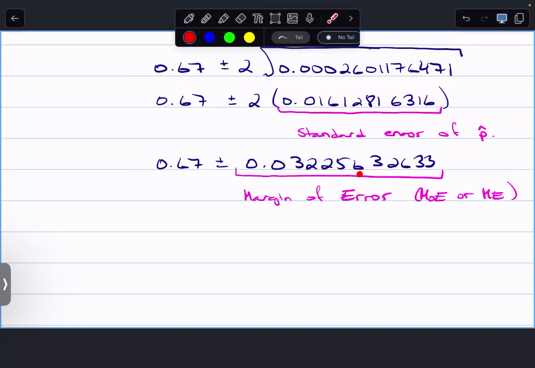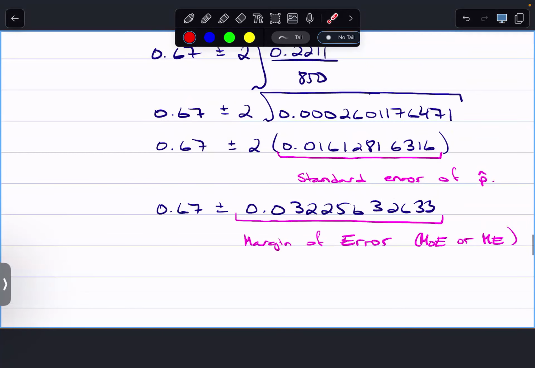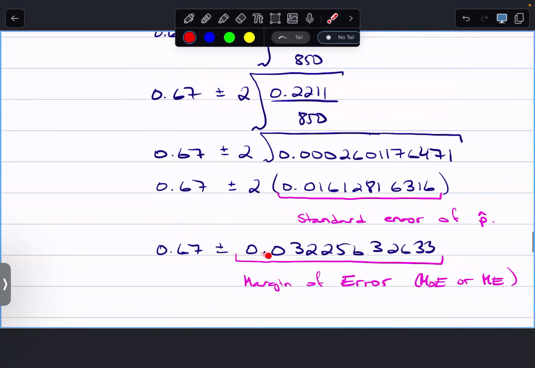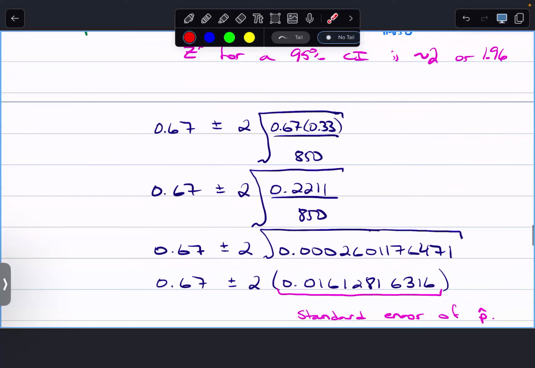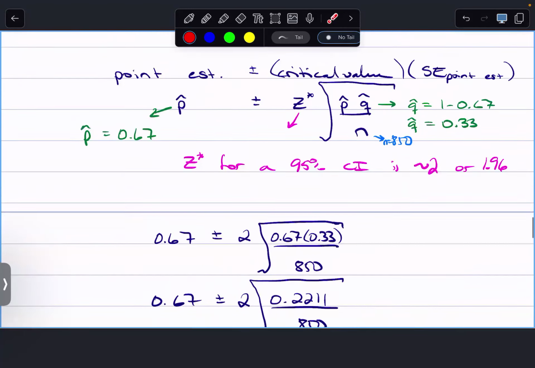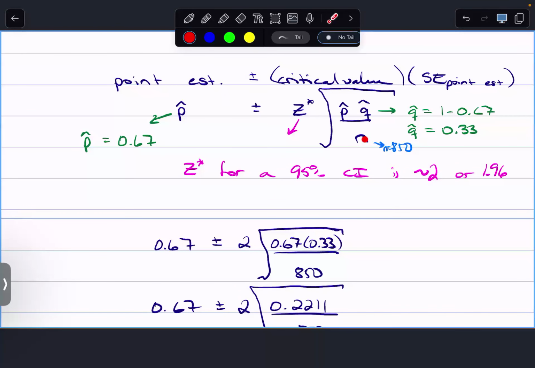Then I can reverse engineer all this and force this to be 0.02, and this 2 stays the same. Then you'll be able to find what sample size makes that happen.